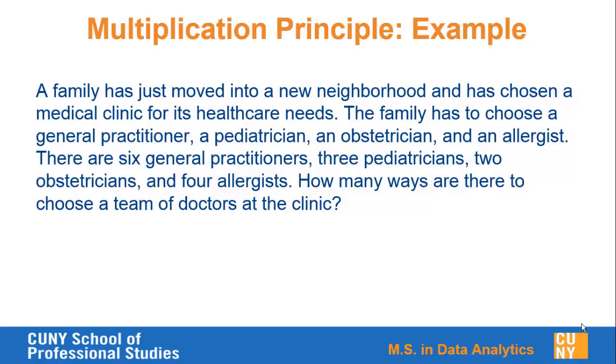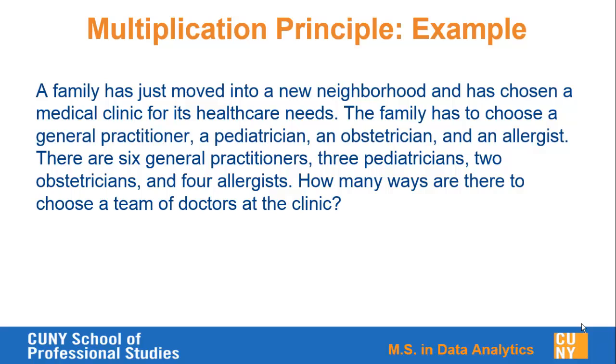As an example of this, suppose a family has just moved into a new neighborhood and they've chosen a medical clinic for their healthcare needs. Perhaps it's cheaper to have everybody within one clinic. So the family has to choose a general practitioner, a pediatrician, an obstetrician, and an allergist. There are 6 general practitioners, 3 pediatricians, 2 obstetricians, and 4 allergists.